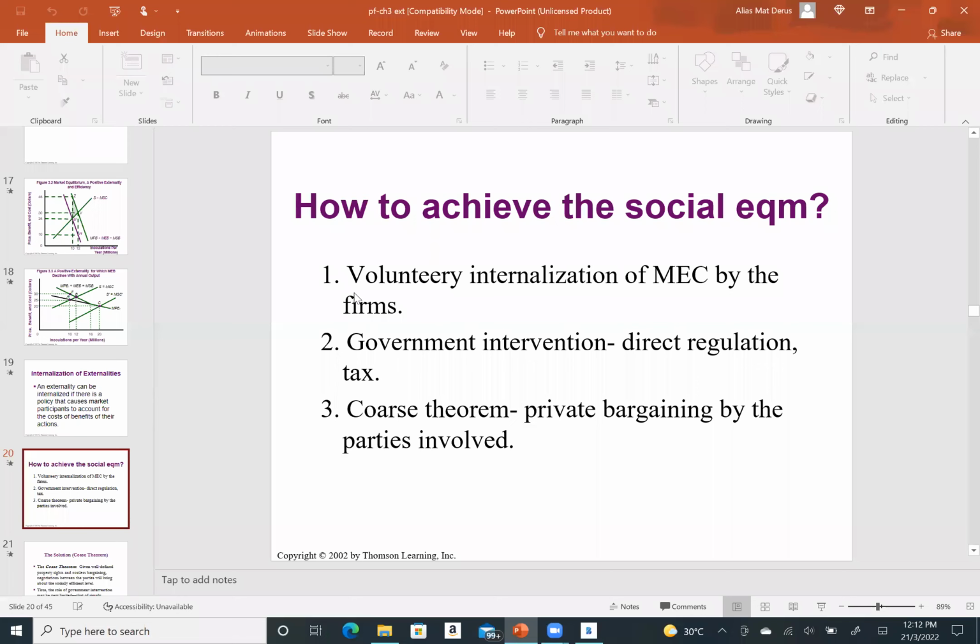Okay. So let's discuss this internalization of the externality. We look at the first one, voluntary.